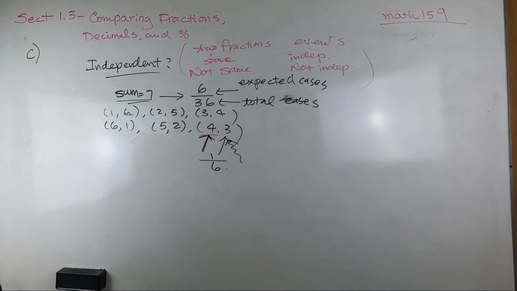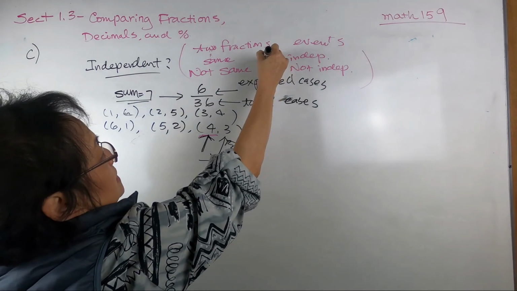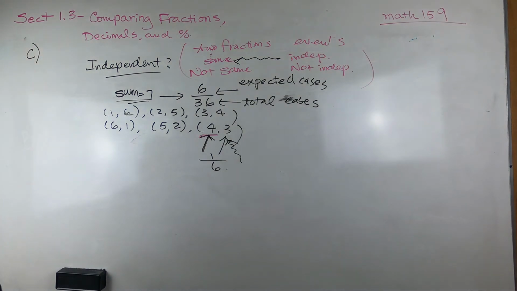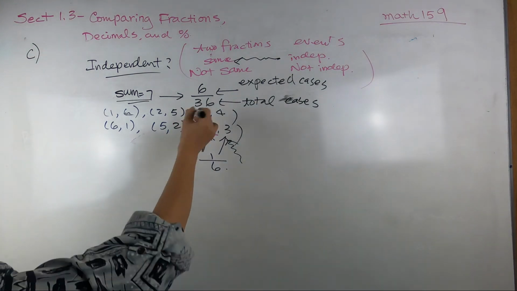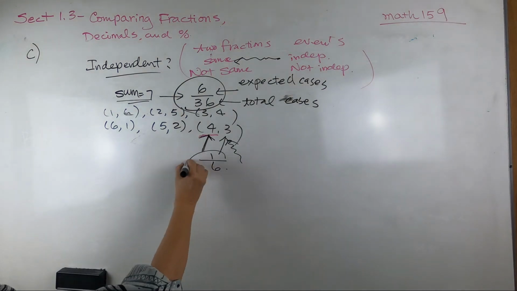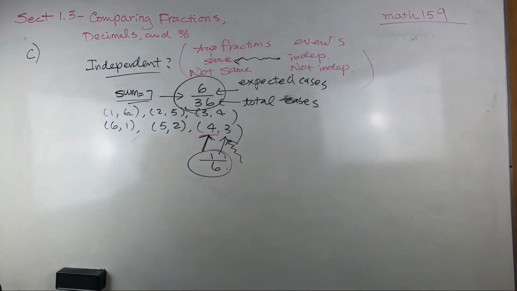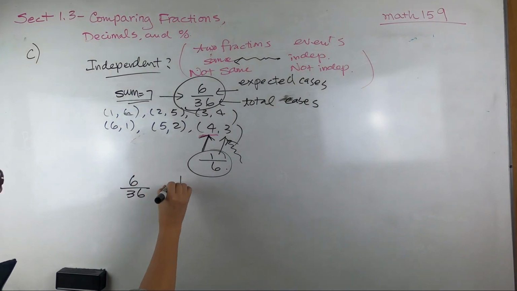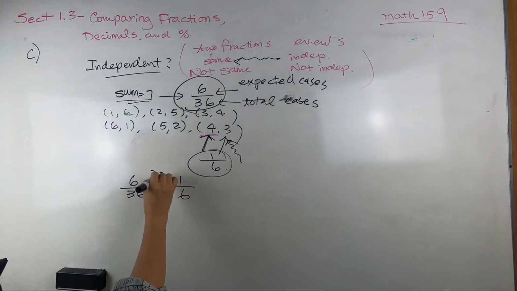So to decide if it's independent, we want to find whether the two fractions are the same or not. One fraction they give you is 6/36, the other is 1/6. Are they the same? 6 out of 36 and 1/6 are the same.